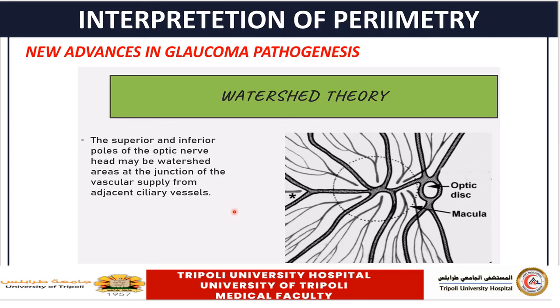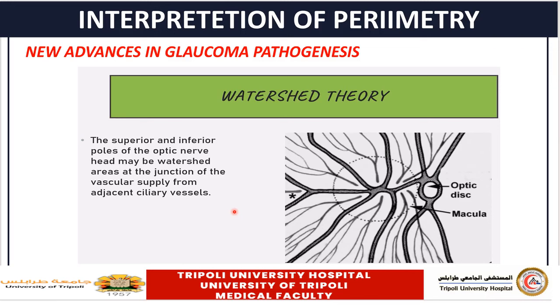As you know, the eye has a dual blood supply, and the watershed theory says that the superior and inferior poles of the optic disc are watershed areas. They have a dual blood supply, and the terminal ends of these blood vessels are end arteries. Whenever there is ischemia or hypoperfusion, this area will be compromised. That's the superior and inferior pole.